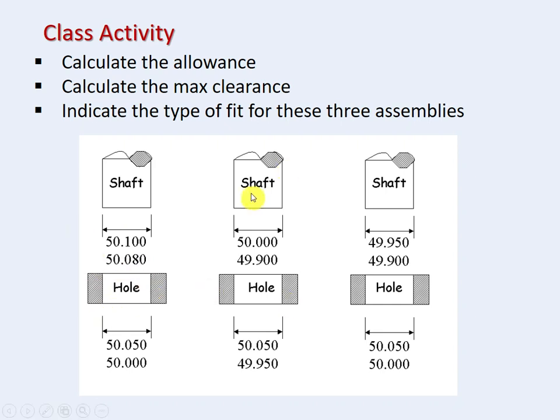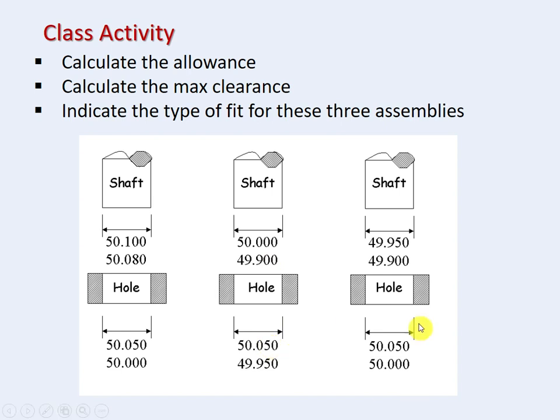Very good. The second one, 49.95 minus 50, negative. 50.05 minus 49.9, positive. So you have positive, negative, transition. Very good.